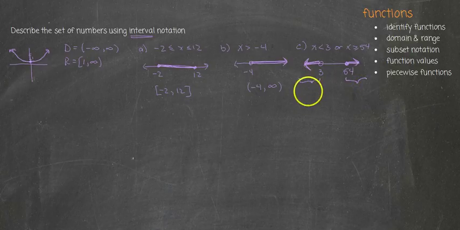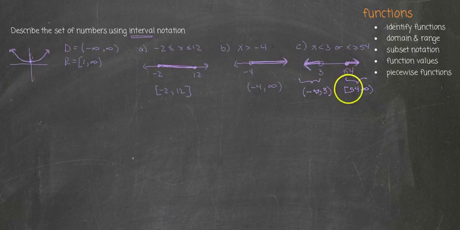So we can use another sort of notation. It's still interval notation, but it has a little addition to it. We can say the interval from negative infinity to 3 not included, and the interval from 54 to infinity, obviously 54 included.